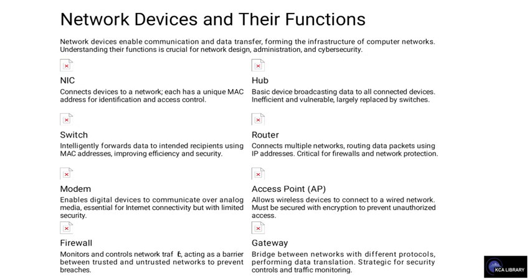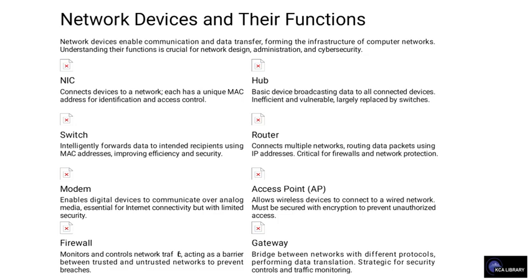We have network devices and their functions. We have the NIC, which connects a device to a network. We have the hub, which is a basic device broadcasting data to all network devices.